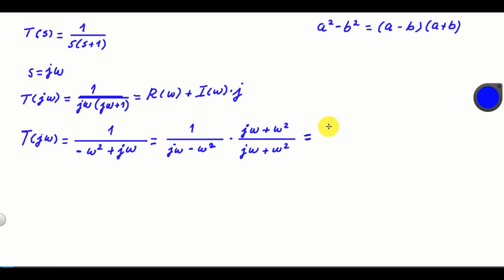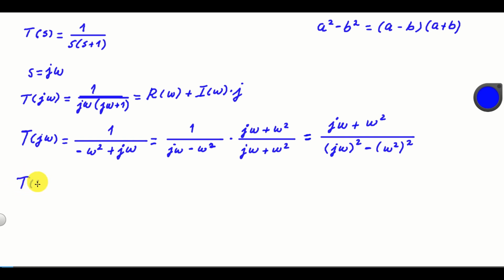In the numerator, I will have j omega plus omega squared, and in the denominator, I will have j omega squared, j omega is my a in this formula, minus b is omega squared. So I will have minus omega squared, then squared. And let's continue to derive the expressions.